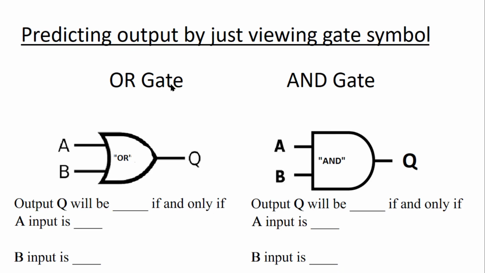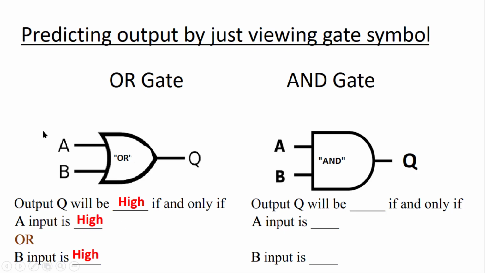So in order to predict the output by just viewing the gate symbols, we have a little trick up our sleeve as well. So over here, this is the OR gate. This Q output will be high if and only if this A input is high or if the B input is high.